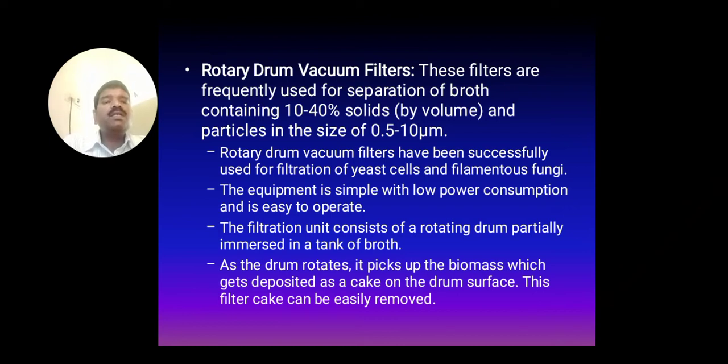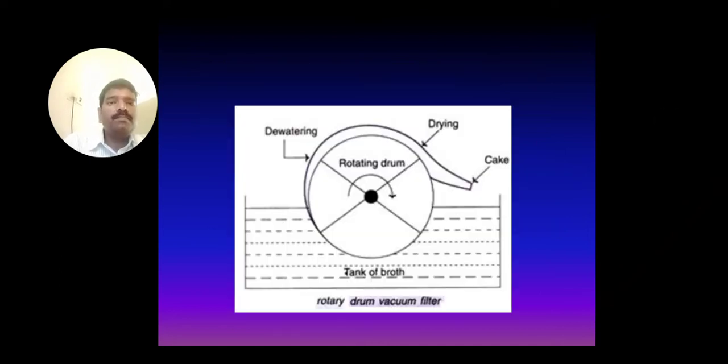The equipment is simple with low power consumption and is easy to operate. The filtration unit consists of a rotating drum partially immersed in a tank of broth. As the drum rotates, it picks up biomass which gets deposited as a cake on the drum surface. This filter cake can be easily removed.